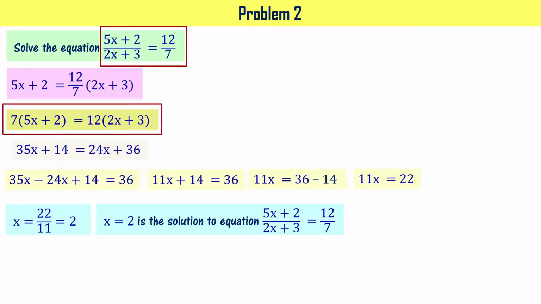And look at this equation. 7 times (5x plus 2) equal to 12 times (2x plus 3), right? From here to here, when you transform the given equation to this, actually we have done one step extra, right? You can get rid of this step. There is no need for doing this step. I'll show you how to do it, right? Let's write the given equation.